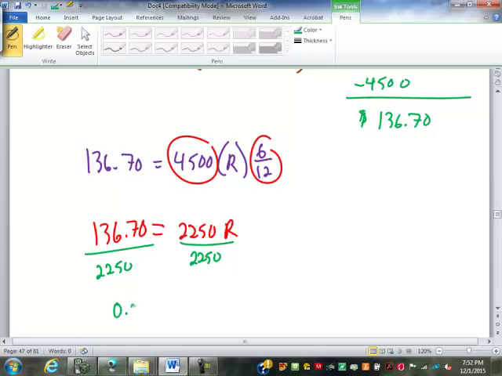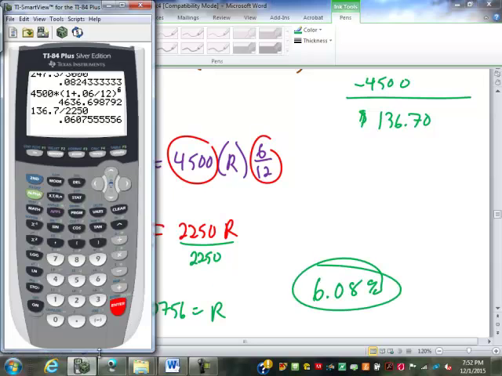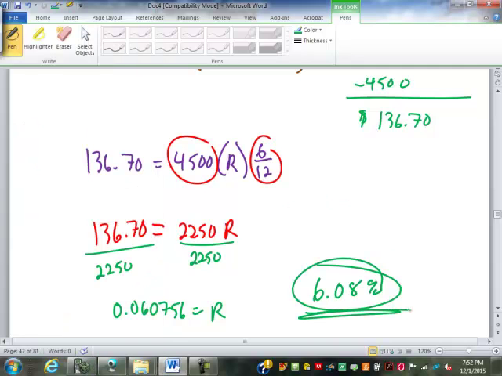That gives .060756. So 6.08 percent, it looks like. What do you think?